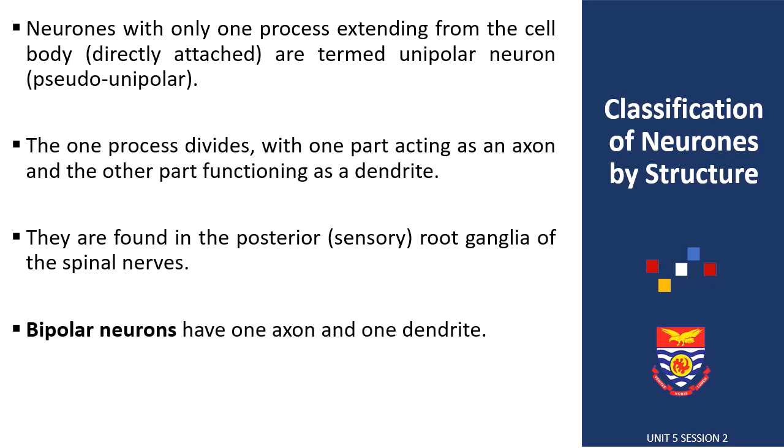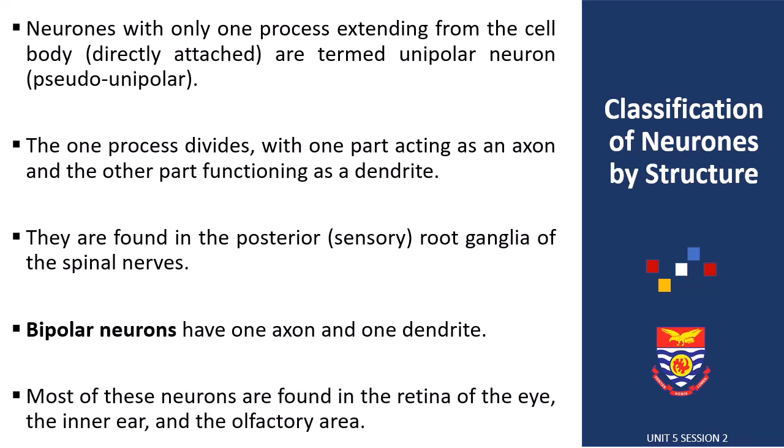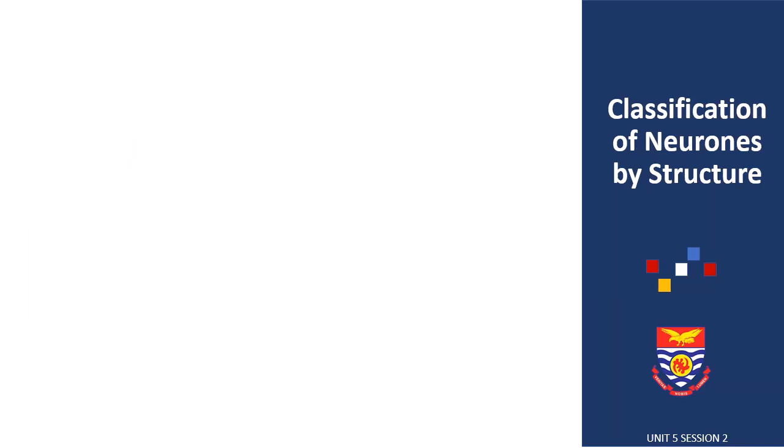Bipolar neurons, on the other hand, have one axon and one dendrite, and they are mostly found in the retina of the eye, the inner ear, and the olfactory area.